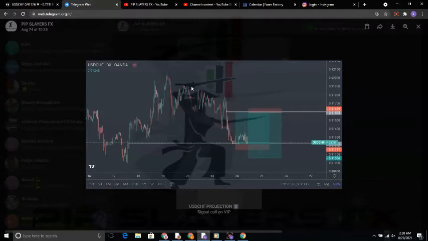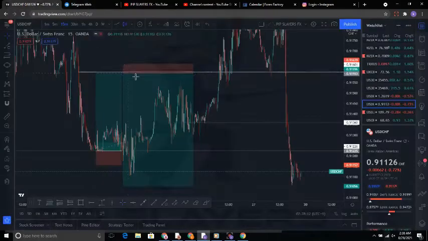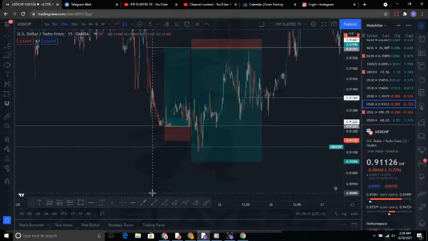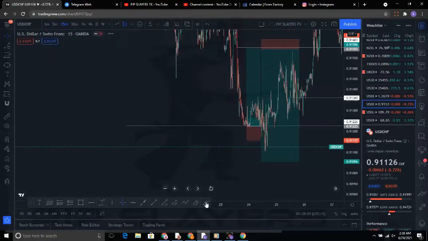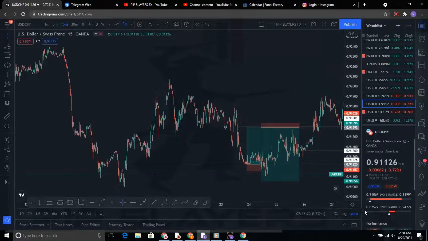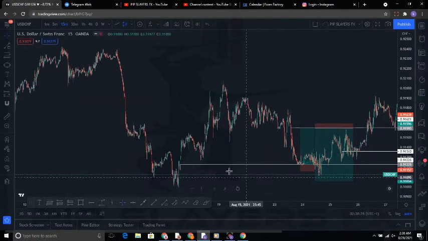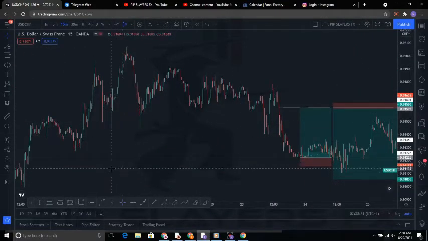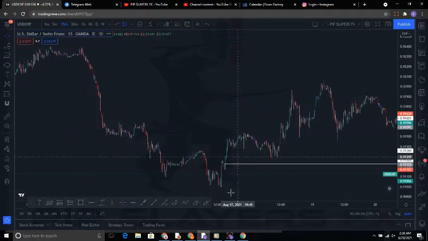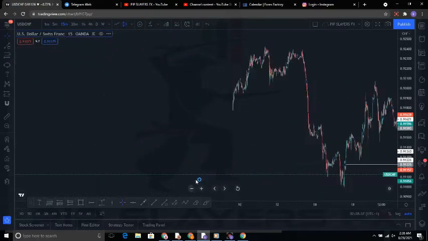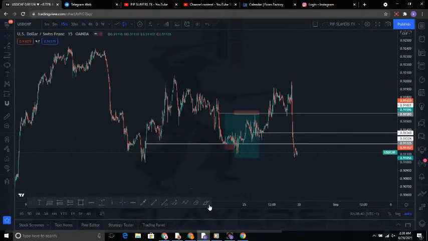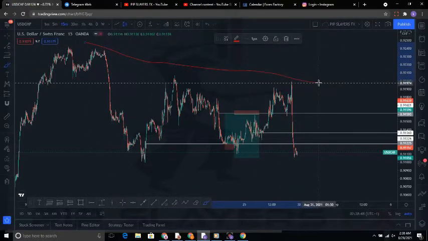Now moving on to the charts for a breakdown. So what do we have here? Basically, I pictured USD on a bearish run on a lower time frame.